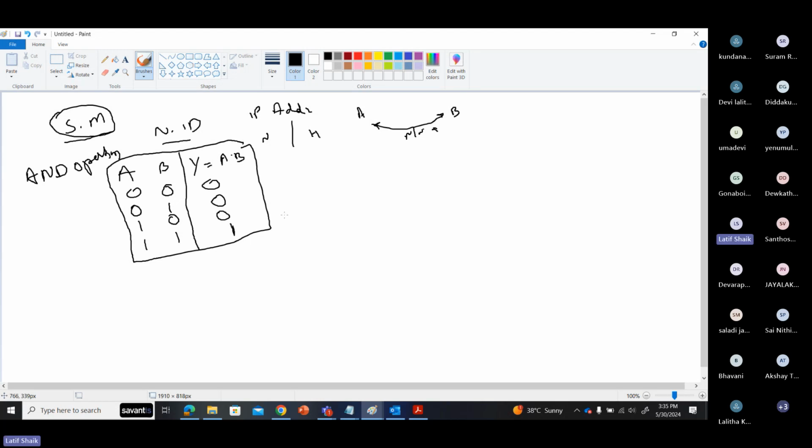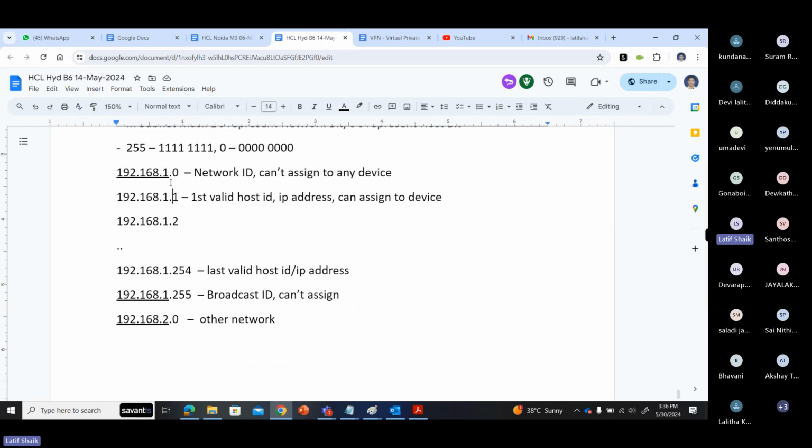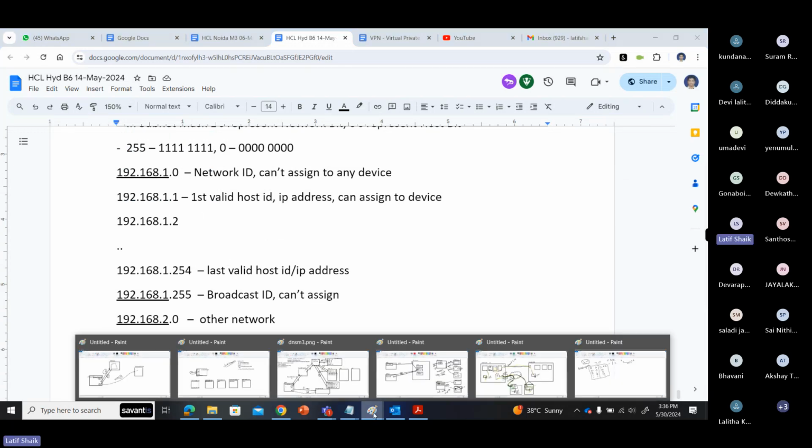And then how can it find the network ID of an IP address? Here it is. In the subnet mask, ones represent network bits and zeros represent host bits. 255 means 1111 1111, and 0 means 0000 0000. Guys, take a network and start writing its addresses one by one.